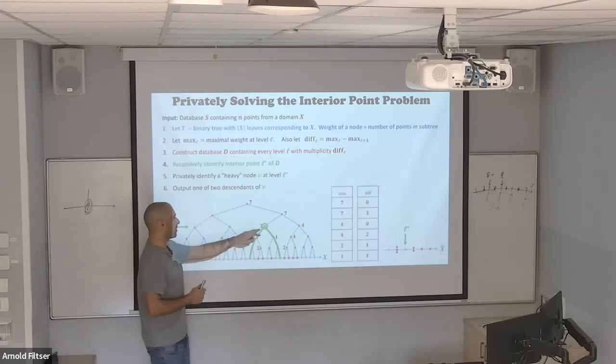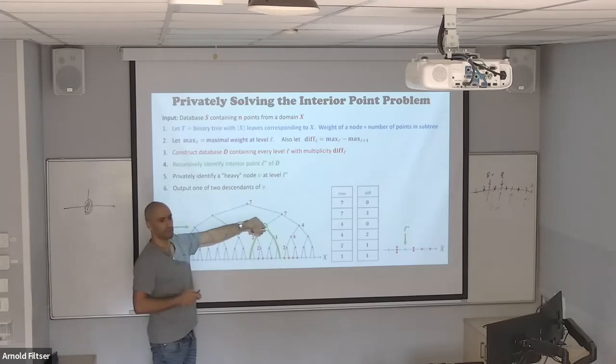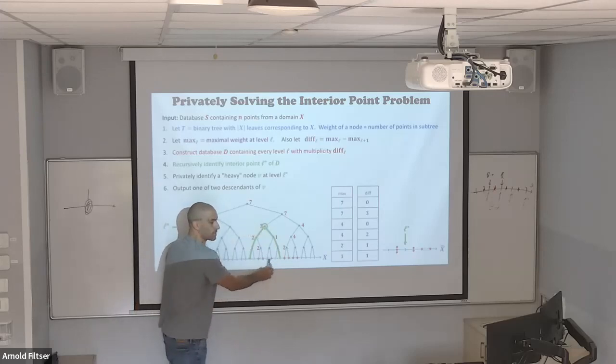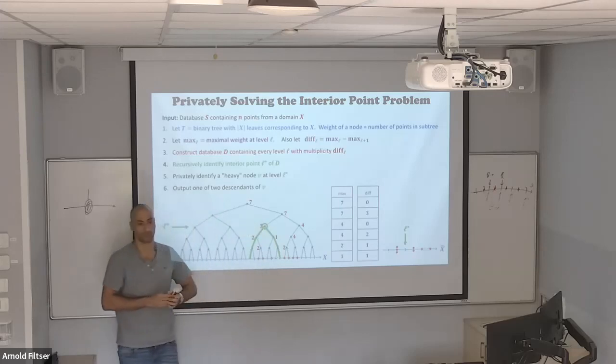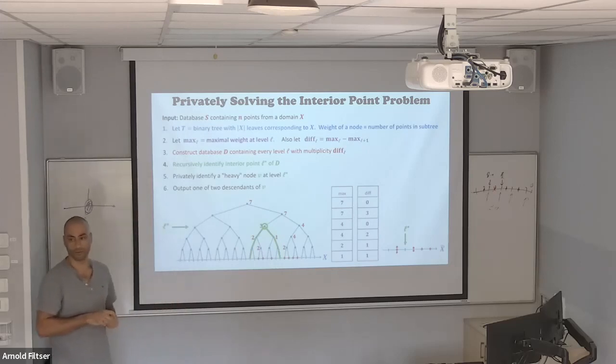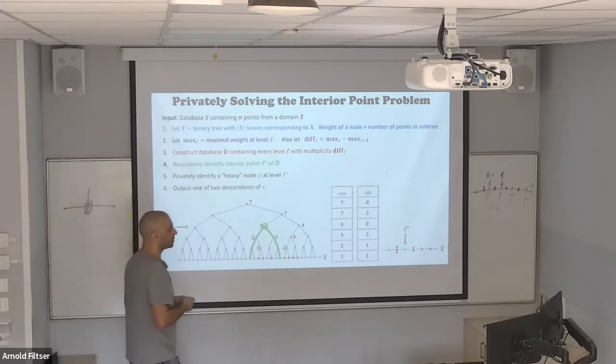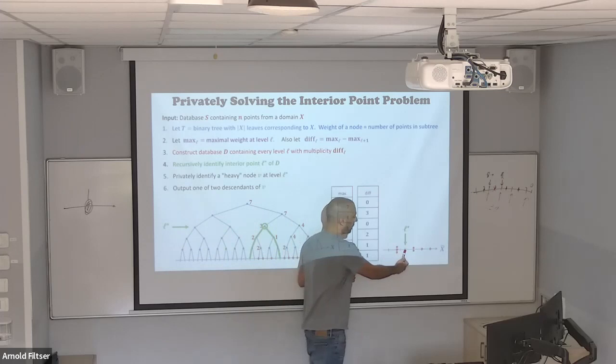So let's say that I came up with this node and it's roughly heavy. If it's heavy, then there are many input points in its subtree. But also, from the other side, I know that because it's deep, there are also many input points here in the recursive data set that are smaller than L star.